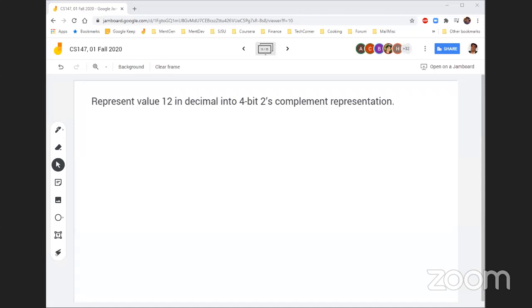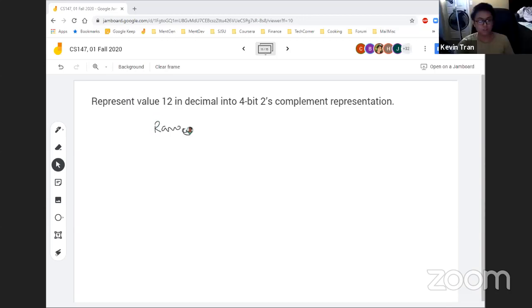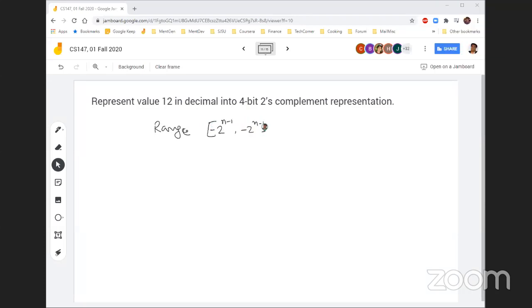First, you have to find out the range of 4-bit 2's complement, and the range formula is negative 2 to the n minus 1 to 2 to the n minus 1, and then minus 1 outside that exponent. If the value 12 is inside that range, then you can continue with converting it to 4-bit 2's complement. Okay, so what's your answer there?